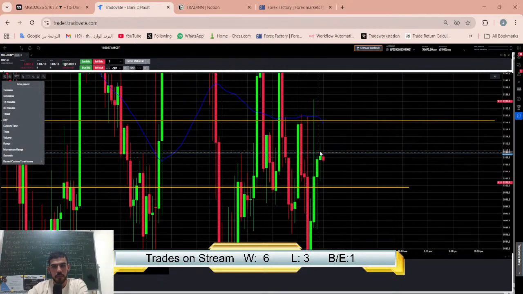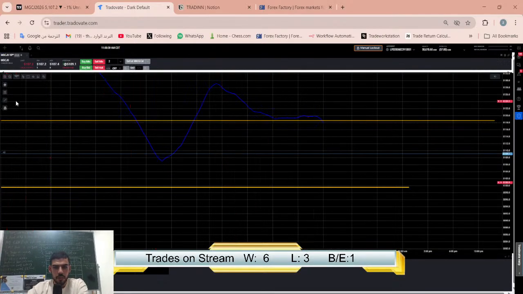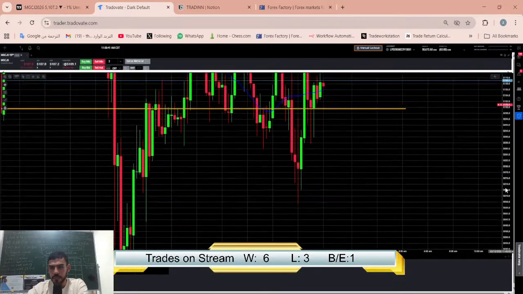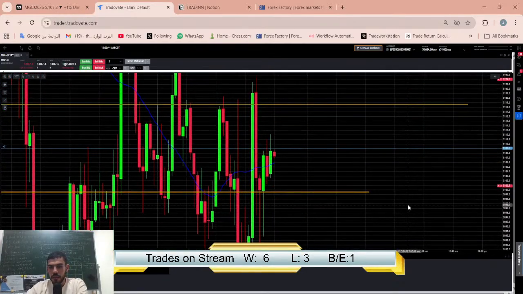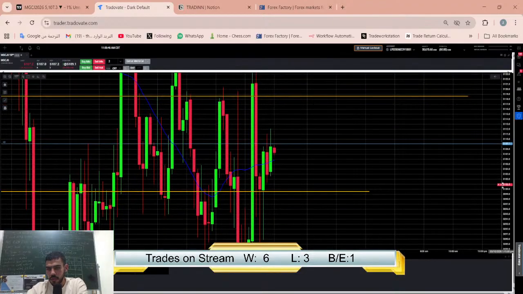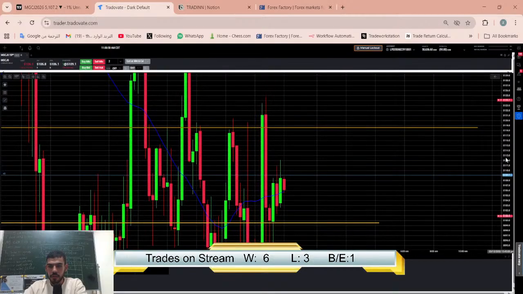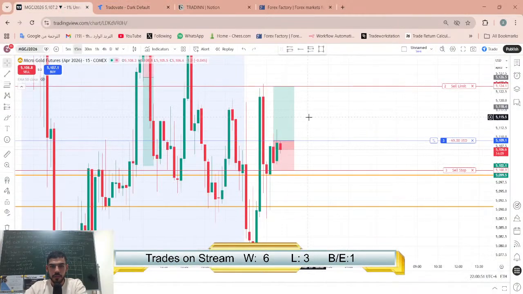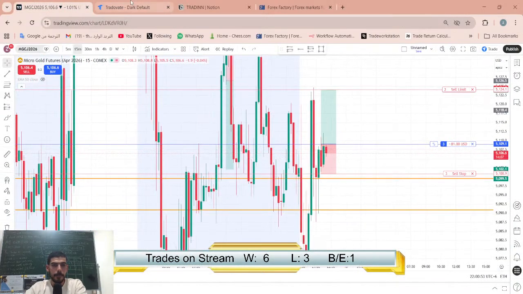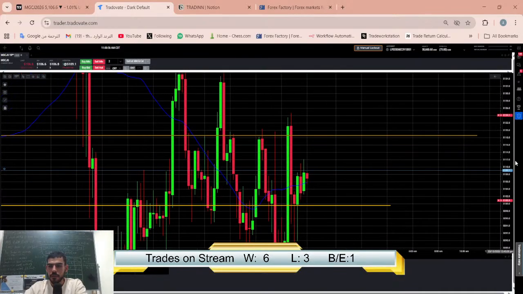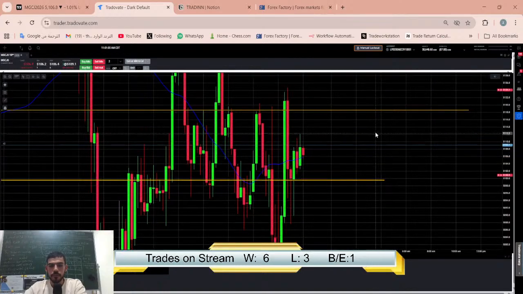If it breaks this previous candle, I'm going to move my stops to break even, because this doesn't look safe anymore. Okay, we are seeing some volume. We finally have some volume.